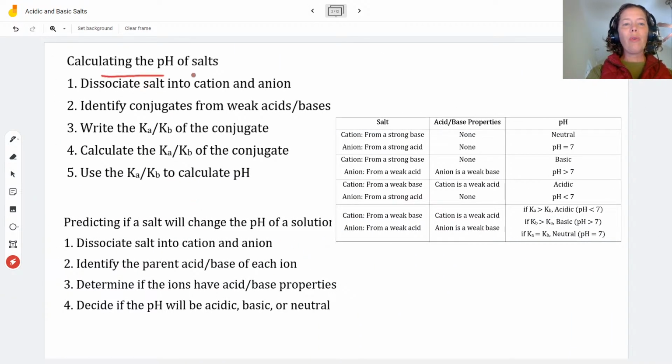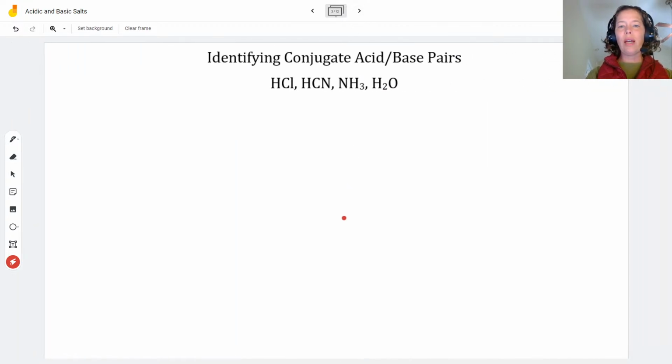So I don't want to go over calculating the pH of salts quite yet. But I do want to talk about predicting if a salt. So this one, let's first just identify conjugate pairs. Sorry, I think I meant to pull that first slide out, actually.